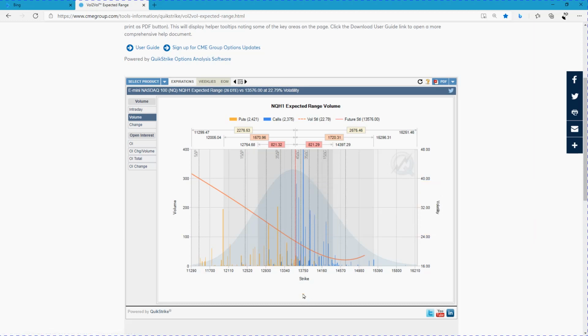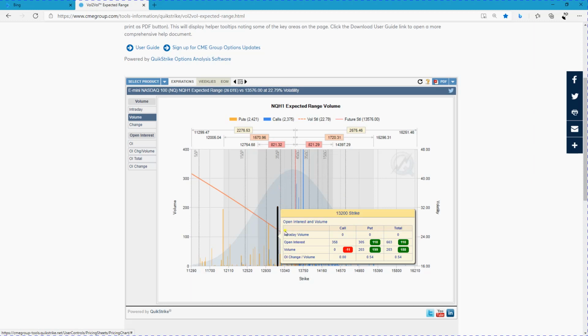And note the standard deviation levels for this implied volatility and see where the strikes intersect at those levels and what they are. Put that on the chart.